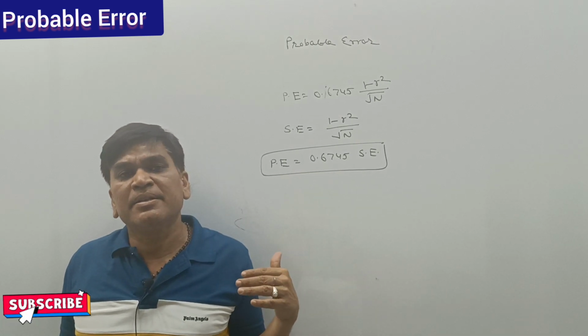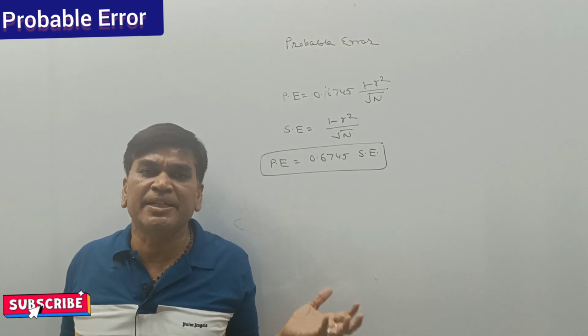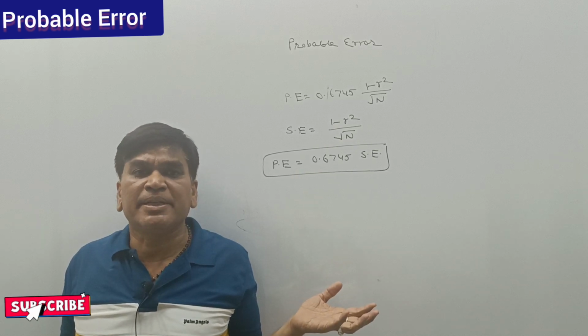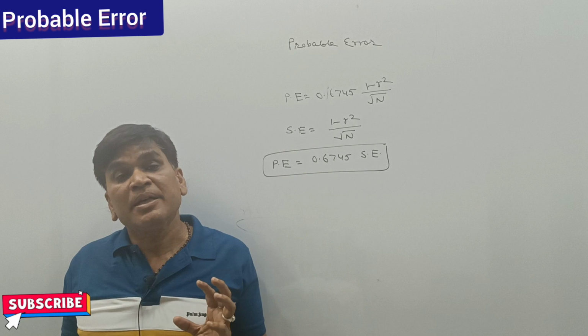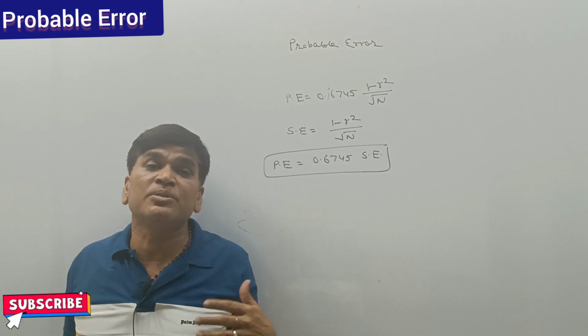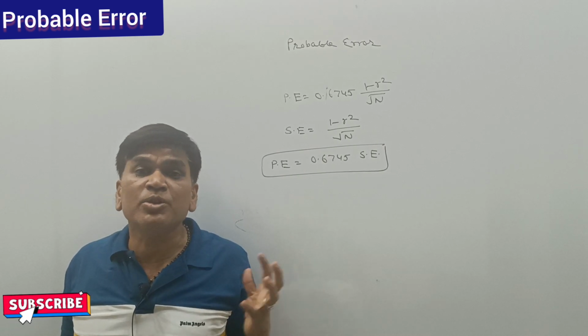Because to know whether our calculated correlation is right or useful or not, we have to calculate the value of probable error. With the help of the probable error, we can also compare which correlation is more significant.